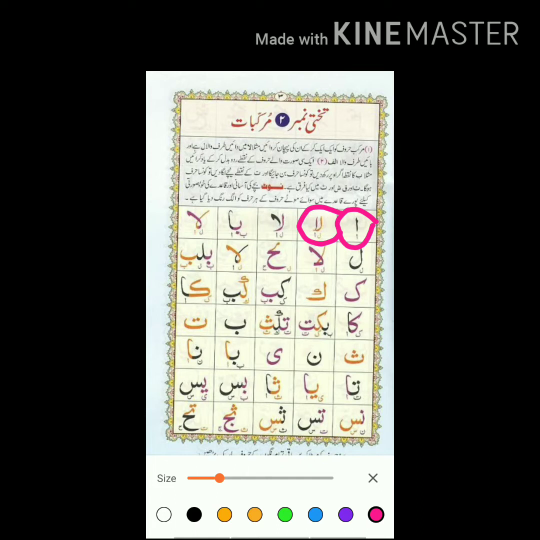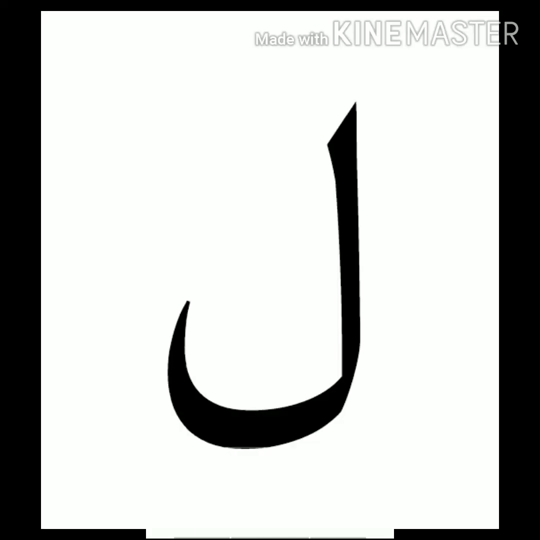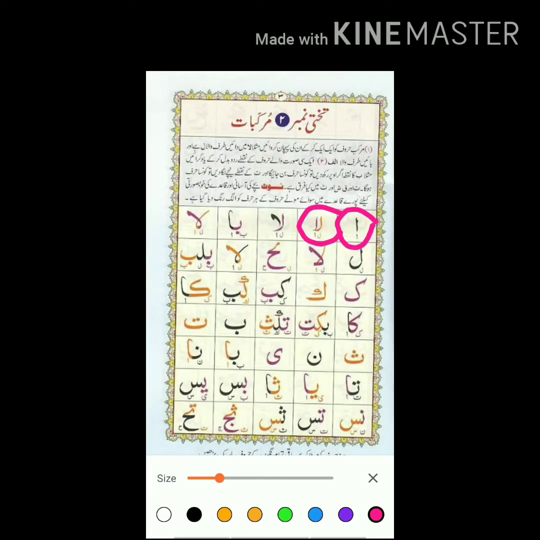The first letter, which you are seeing in orange color, resembles lam. In the first lecture we saw the shape of lam, so this orange letter also seems like lam. So the first letter is lam, and the second letter after lam is the straight line, which is alif.